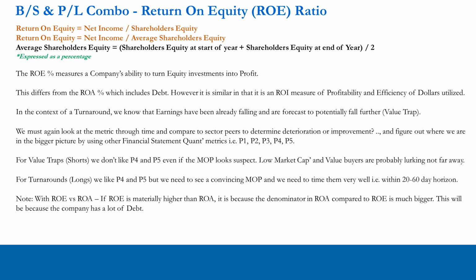Even if the management operating plan looks suspect, it can be low market cap and there may be value buyers around, and they're probably not lurking too far away. For turnarounds, for longs, we like phase 4 and phase 5, but we need to see a convincing management operating plan, and we need to time the trade very well because we are operating in the 20 to 60 day time horizon.